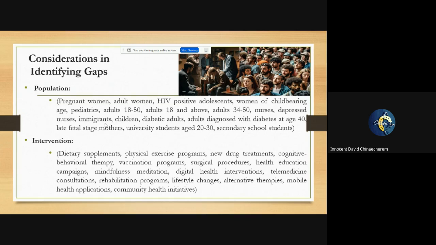Now, if WHO wants to say that a physical exercise program is very effective in reducing diabetes among adults, we need to ask ourselves this question: that conclusion was made as a result of what? A review, a systematic review. So somebody summarized primary studies from several places.